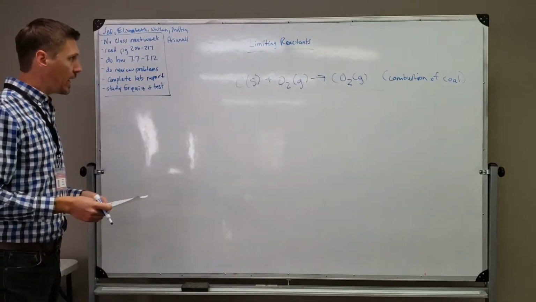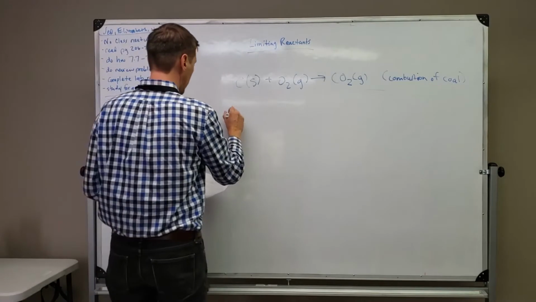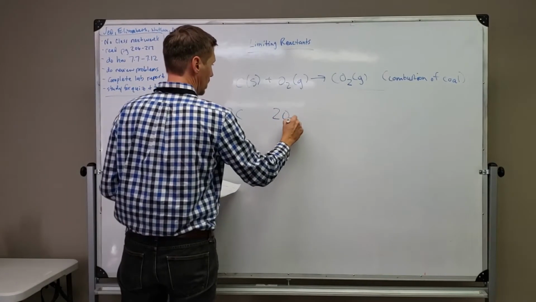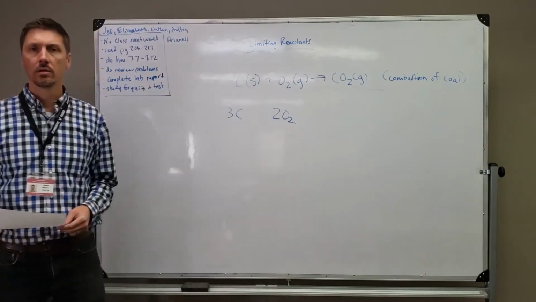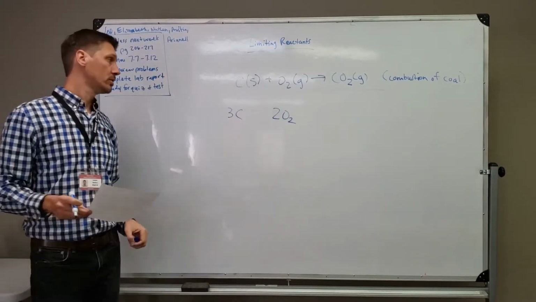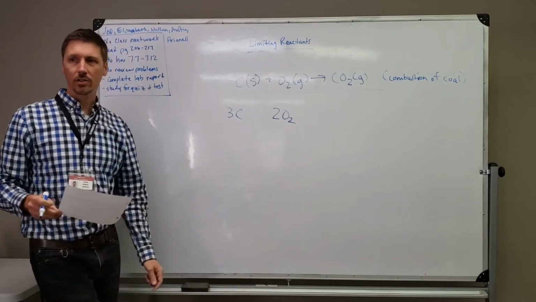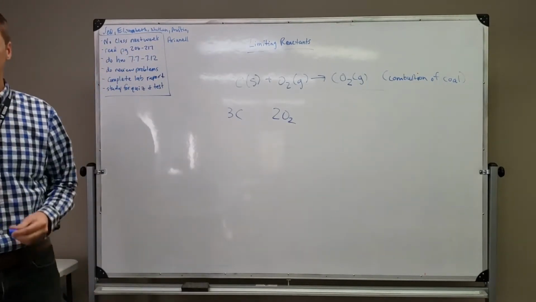So if we had 3 carbon atoms, but we only had 2 oxygen molecules, which of these would be the limiting reactant in that case, the carbon or the oxygen?